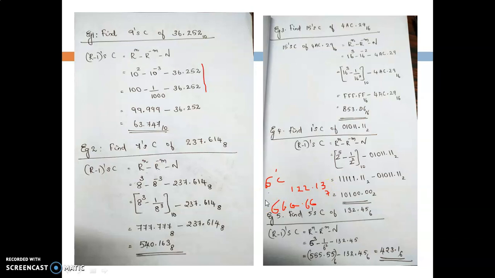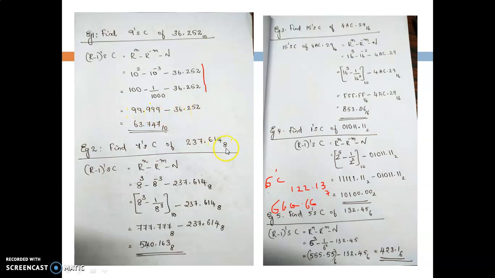Okay, so what does it indicate? It means that in order to find the r minus 1's complement of a particular base system, just subtract that number from the highest possible number in that number system. That is, in base 10, we know that the highest possible digit is 9, isn't it? So you are subtracting 36.252 from 99.999. That is done here: 99.999 minus 36.252.